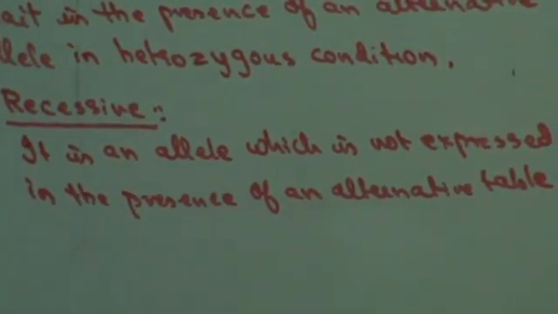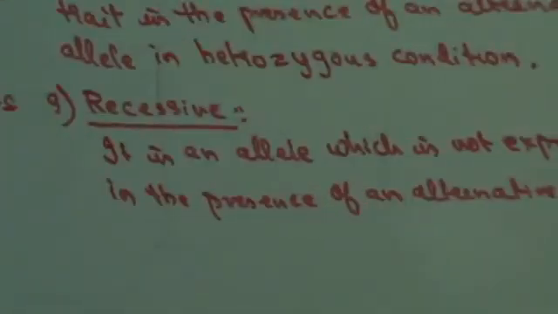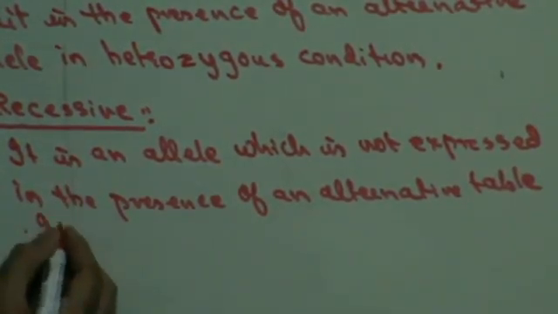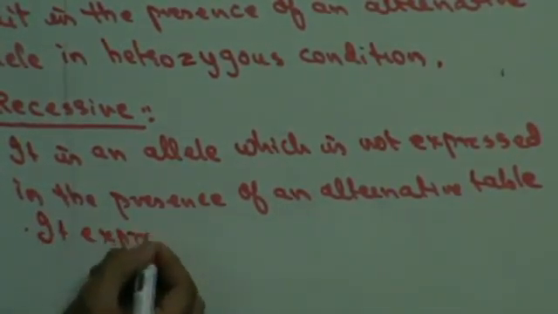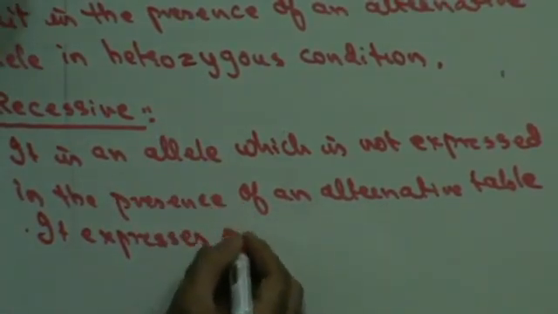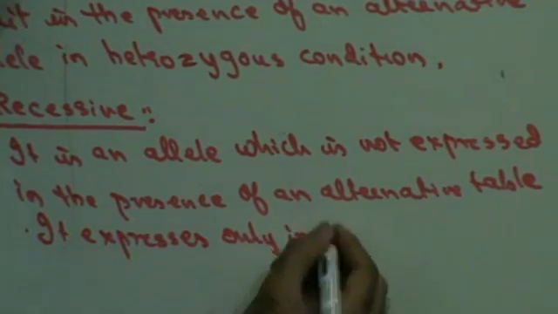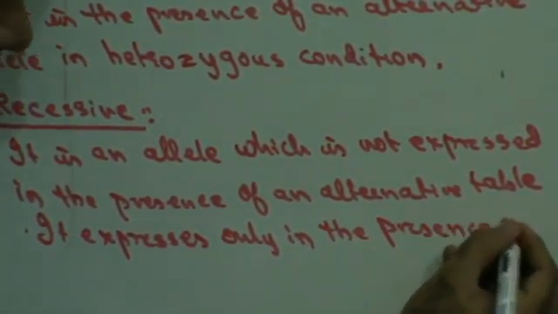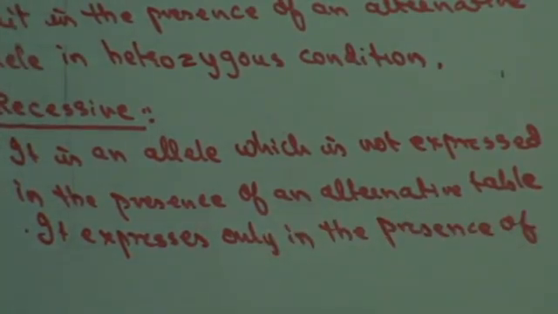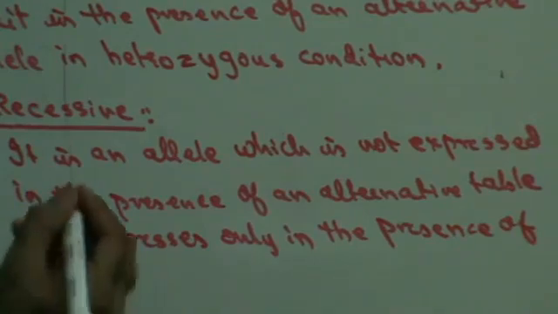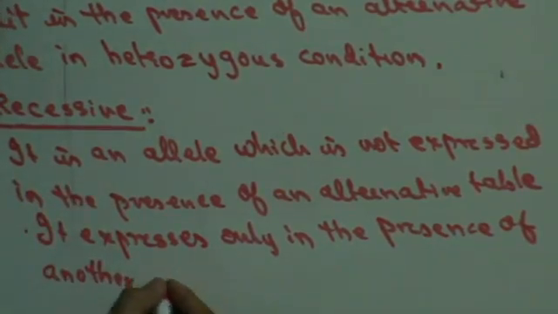The alternative allele means heterozygous condition. It expresses only in the presence of another identical allele.